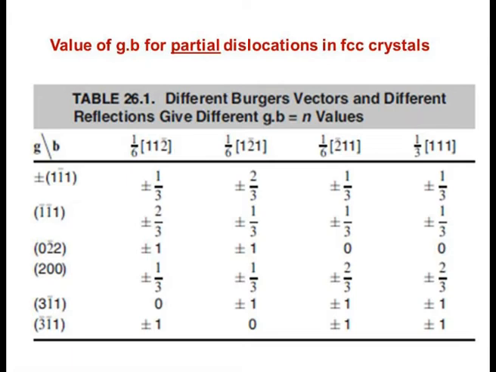This is for an FCC system, because when the stacking fault energy is low, the dislocations always split into partials, right? Going into the details and analysis would take one full course, so I am just giving you a flavor and a basic idea, so that when you read books, you can understand what is to be done.